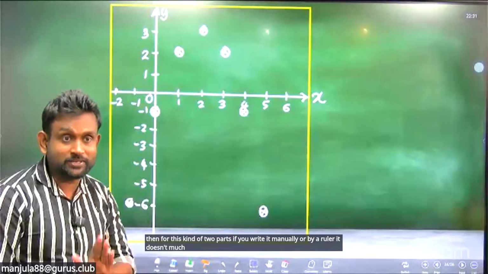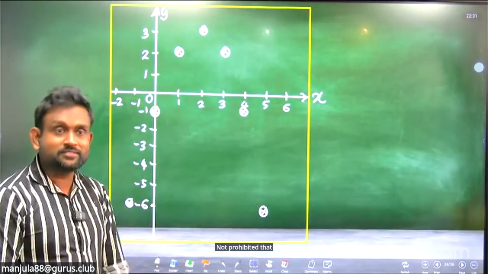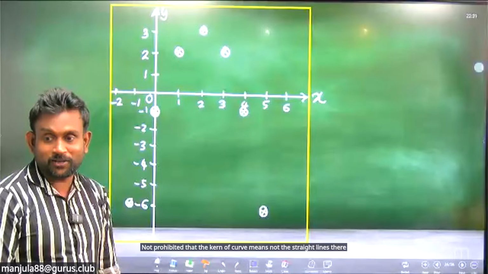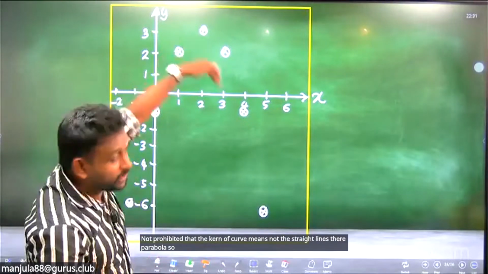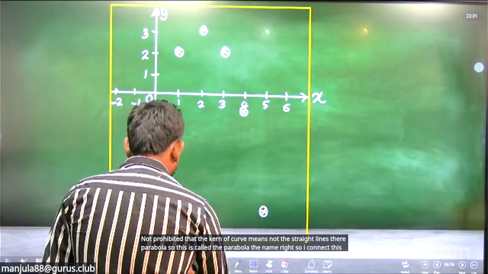But that is normally prohibited. A curve means not a straight line; it is a parabola. So this is called a parabola. So I connect this in this manner.